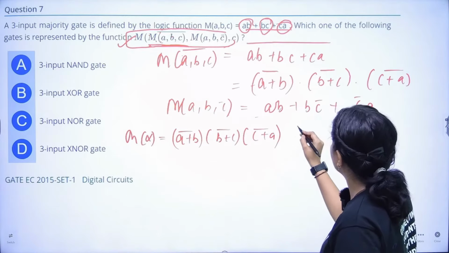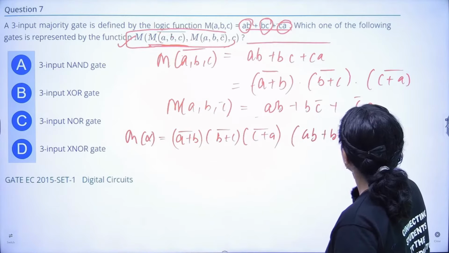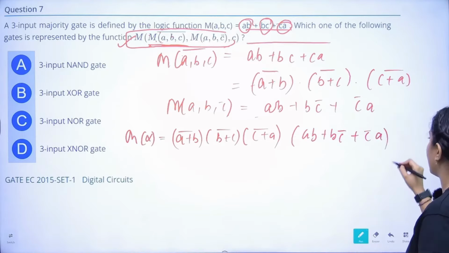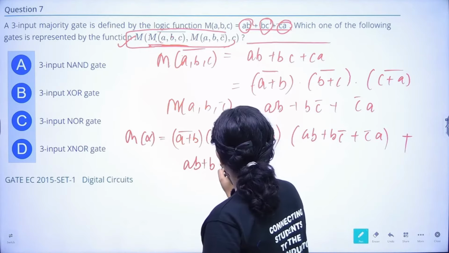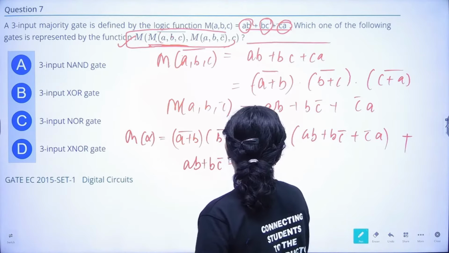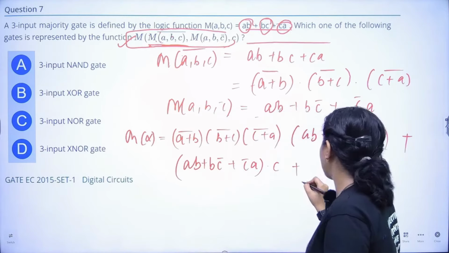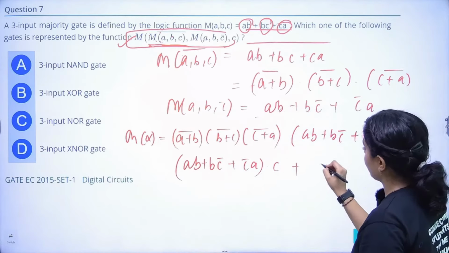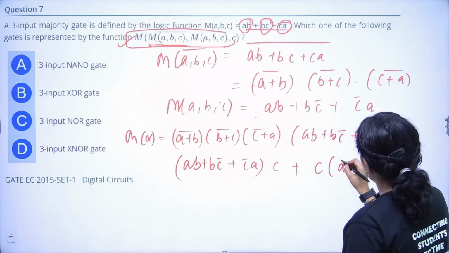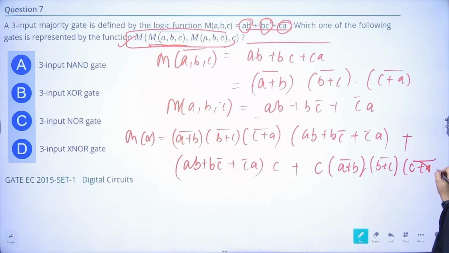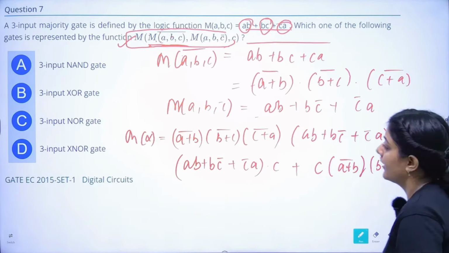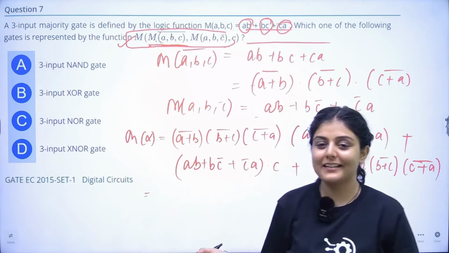This will be the B. AB plus BC bar plus CA bar plus this into C. So AB plus BC bar plus CA bar into C, and plus finally C into first one, C into A plus B, C plus A whole bar. Right, this will be the complete expression, so it is lengthy.